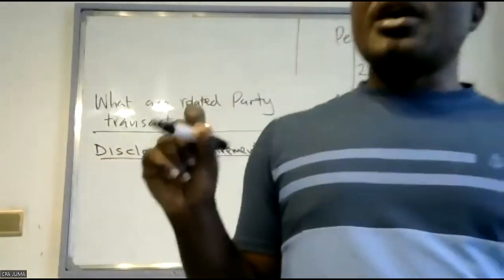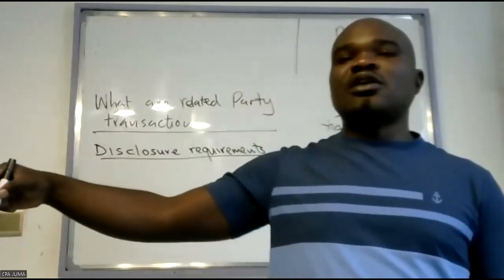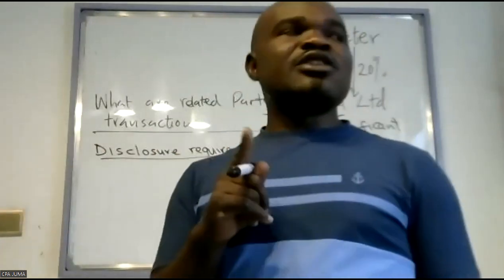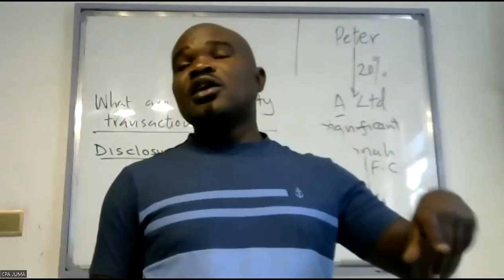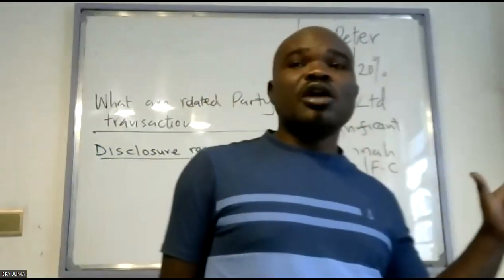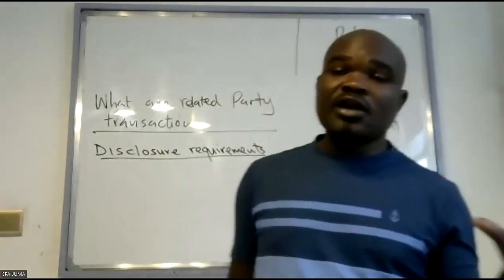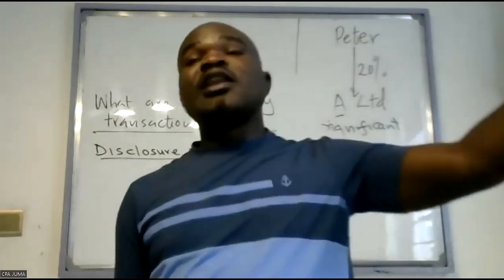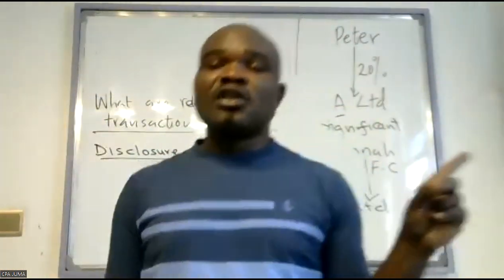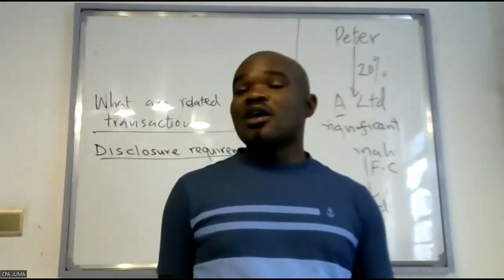Remember, a director is a related party to that entity. So imagine a director of a company who supplies stationery, even milk, to the office. When he supplies today, his cheque is signed in the afternoon. But when external suppliers supply today, they may think they could be paid next year.